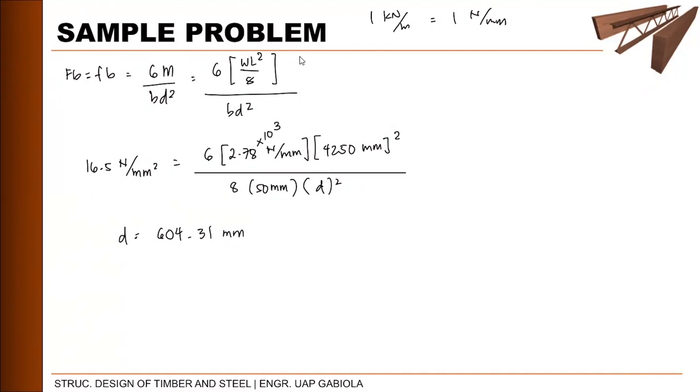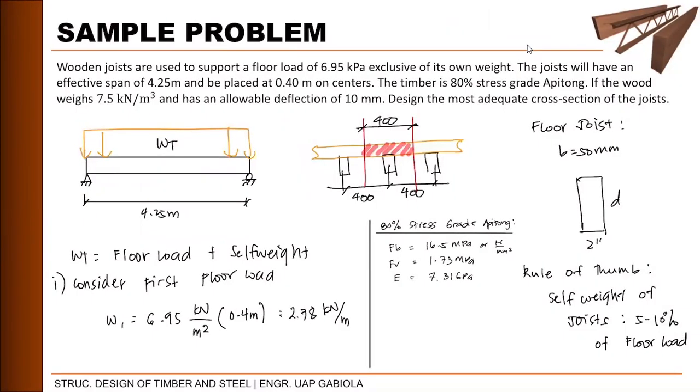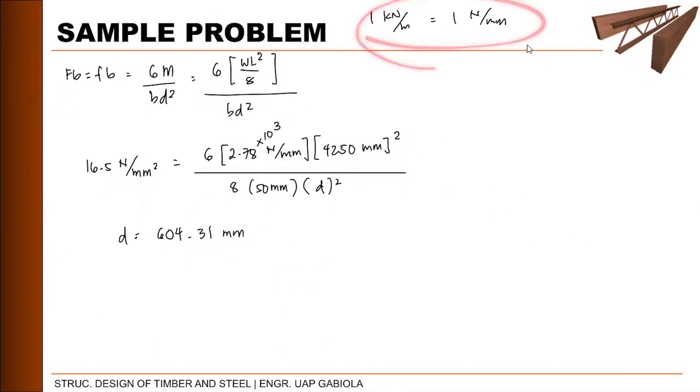Okay. So, let me check. Kilonewton per meter. As I've said, equal na siya sa Newton per mm. So we don't need to multiply by 1,000 anymore. Okay? And then we can calculate this. 6 times 2.78 times 4,250 squared over 8 times 50 times 16.5.